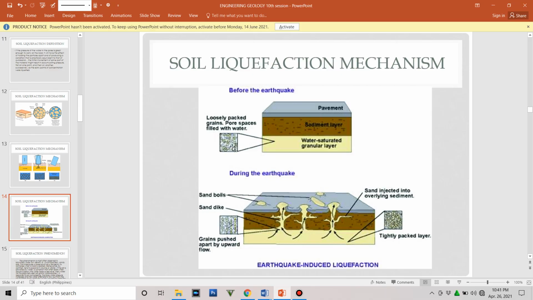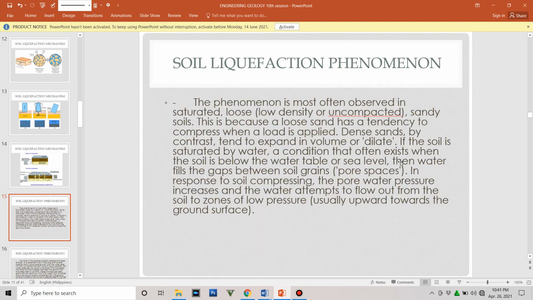Although may tubig, there is a soil integration, meaning magkakadikit pa yung lupa until it will be liquefied. So the results are sand boils, sand dikes, sand injected into overlying cement. Okay, so this is earthquake induced liquefaction. So the triggering factor is the earthquake.